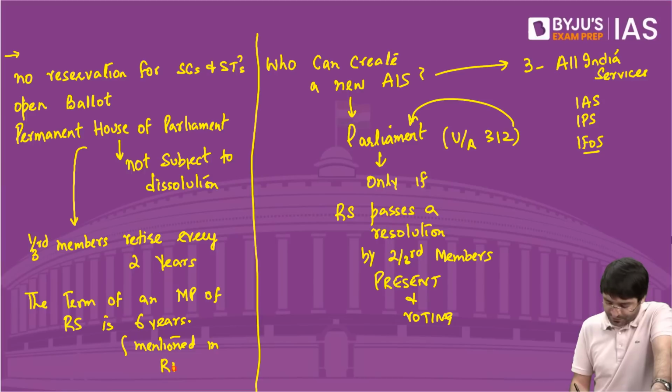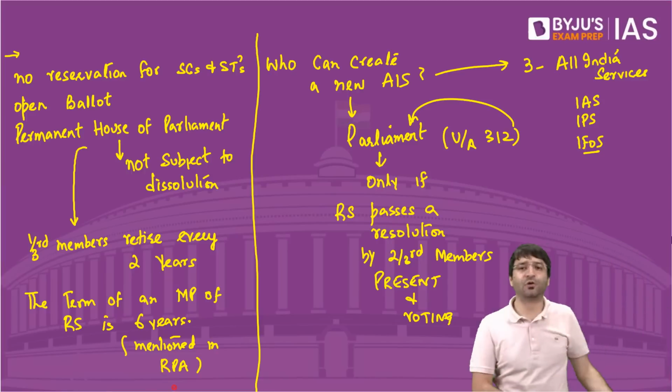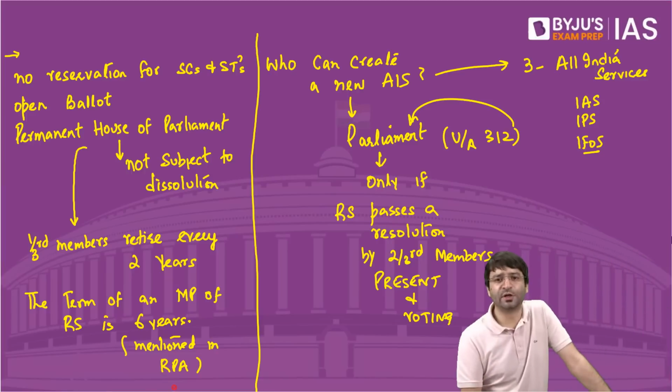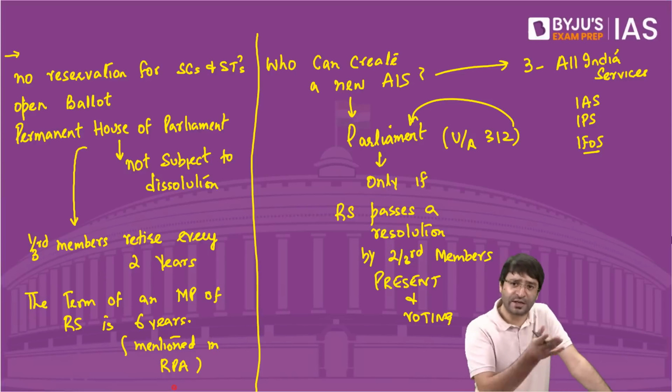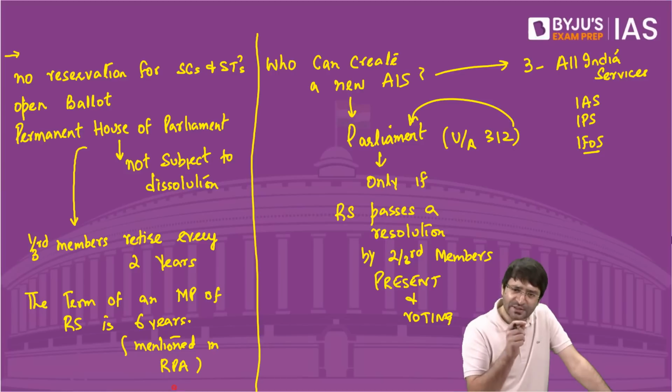This is mentioned in the Representation of the People Act. It is not mentioned in the Constitution. The Constitution does not say that the term of a Rajya Sabha MP is 6 years. It is mentioned in the Representation of the People Act. But the term of a Rajya Sabha MP is 6 years, and 1/3 of the members retire every 2 years.